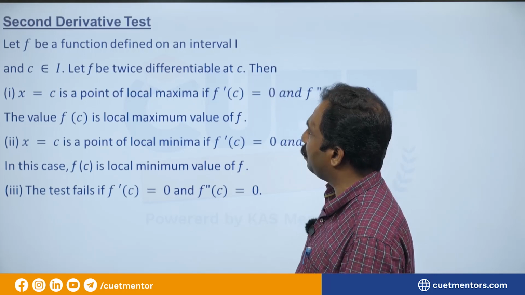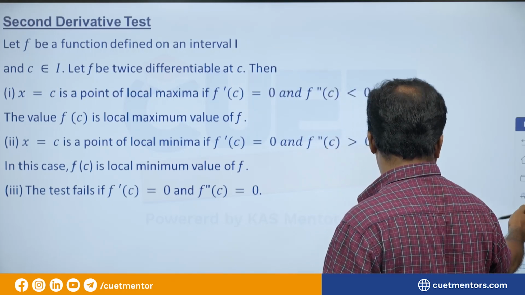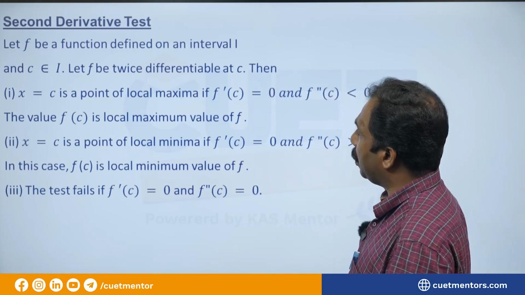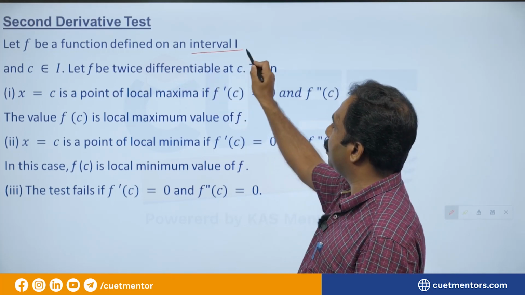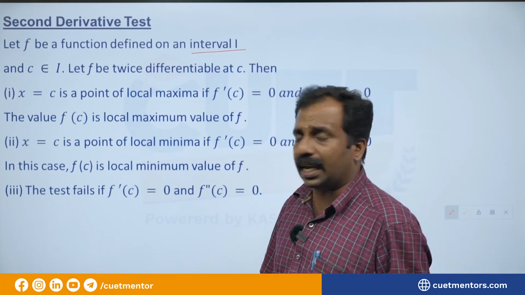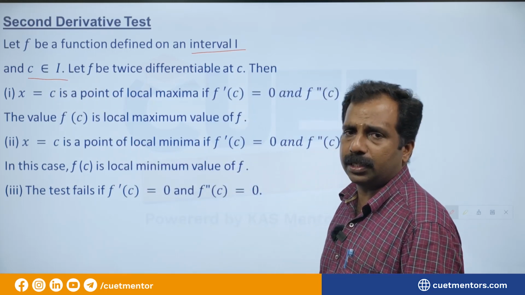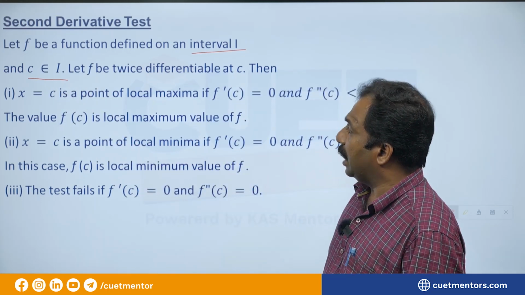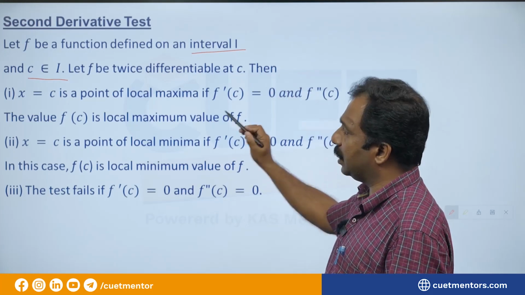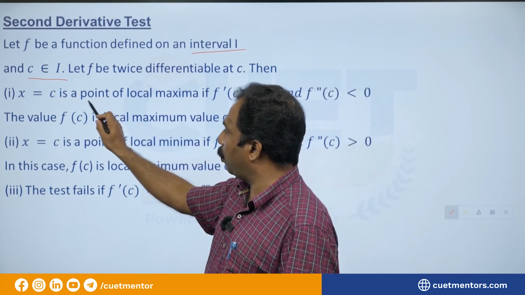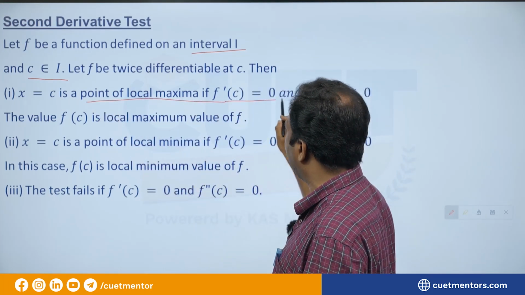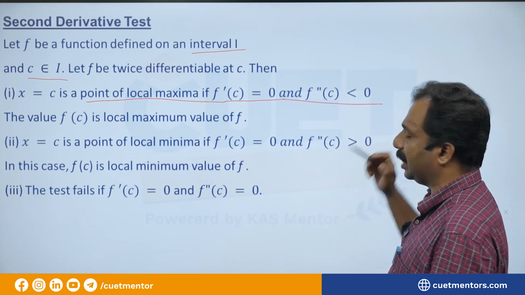Let f be a function defined on an interval I, and c an element of I, a particular point in I. Let f be twice differentiable at c. Then c is a point of local maxima if f'(c) is equal to 0 and f''(c) is less than 0.